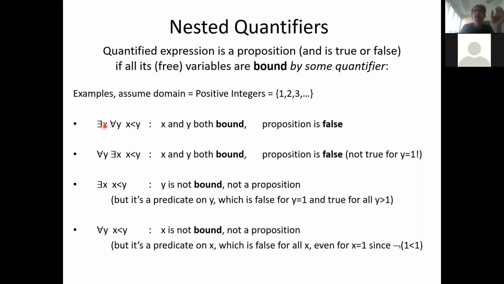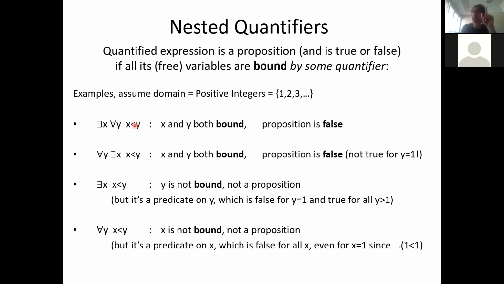Let's see that this is never true. In fact, that for all x's, this predicate is false. Namely, there always exists some y which makes this false. What is this y? Well, perhaps it's x minus 1. Yes, then if y is x minus 1, then this clearly falsifies.